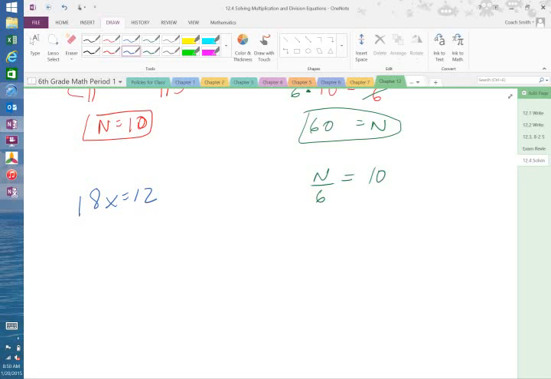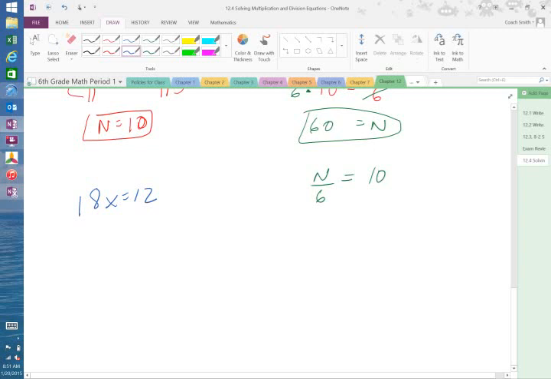Okay? So what can I multiply 18 by to get 12? What's the very first multiple of 18? 18 times 1, which would be 18. So we're in a problem. So our nice little whole number answers.